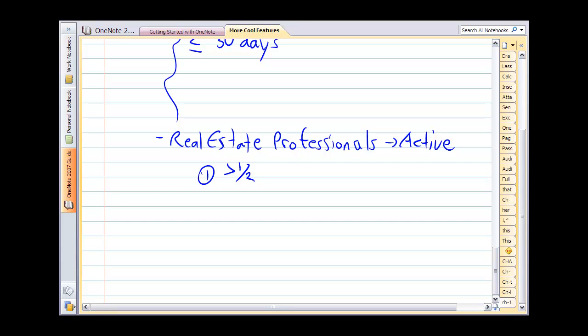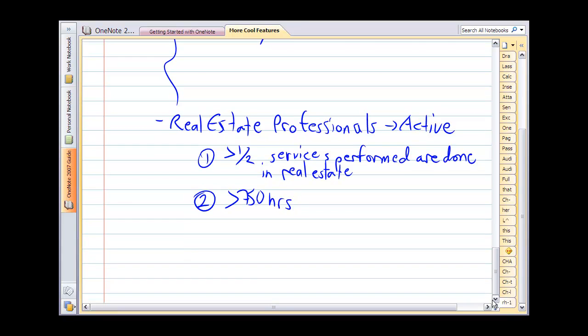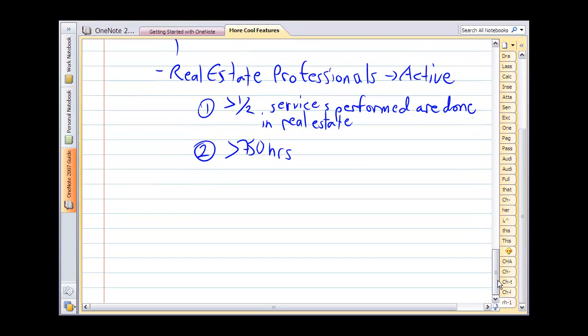More than half of the services performed are done in real estate, and then over 750 hours of participation. So that's another exception. If you're a real estate professional, you can treat rental real estate as active income.